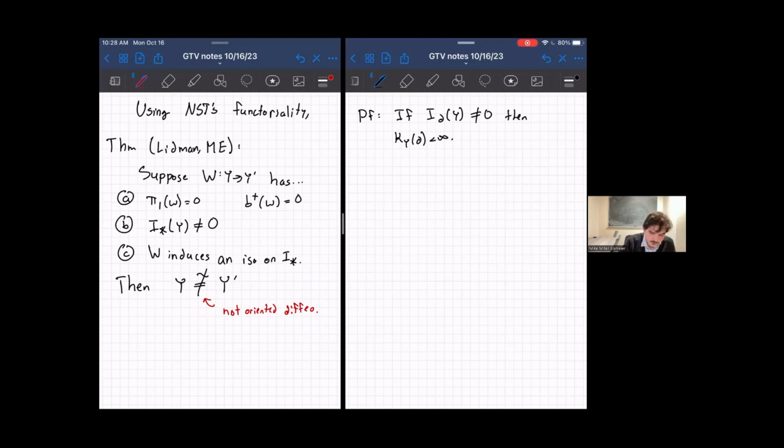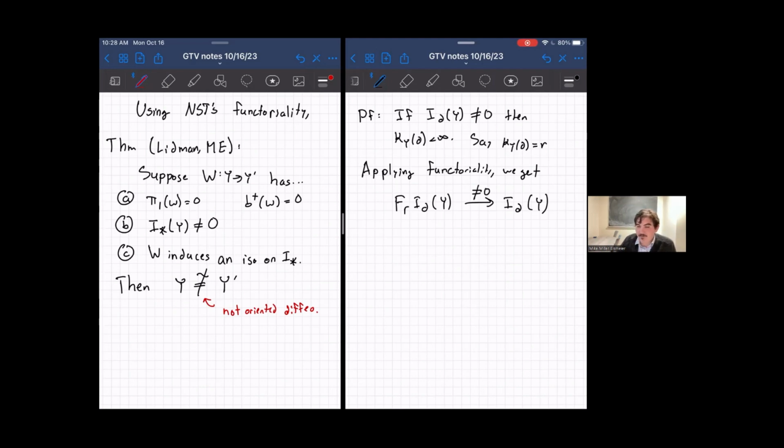Second off, if the value is R, then we have a compatible diagram.